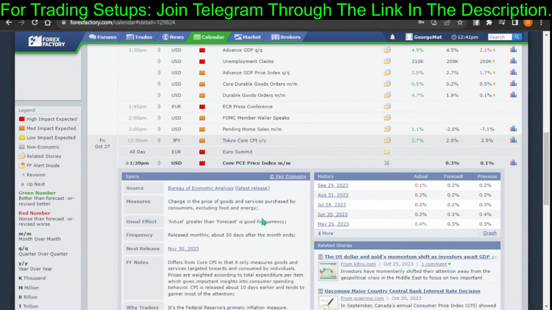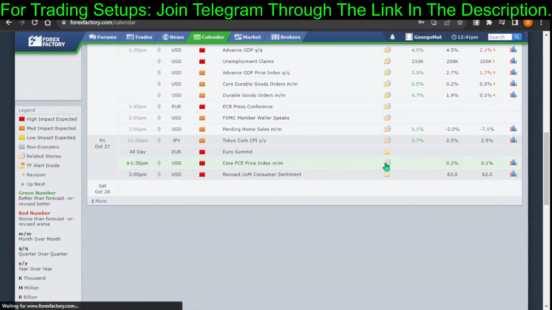Actual greater than forecast is good for currency. So if you have a positive result, which is higher than the previous release or the forecast, then you should expect positive movement on USD. But this is not guaranteed. Sometimes there will be positive high impact news, and then the market will act against the results. This is why news is unpredictable.